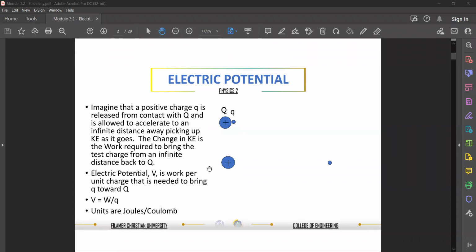The unit used in electric potential is joules per coulomb, because our work is in joules and our charge is in coulombs. So the unit for electric potential is joules per coulomb.